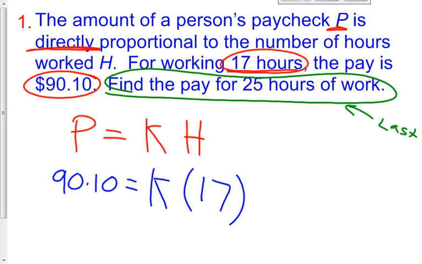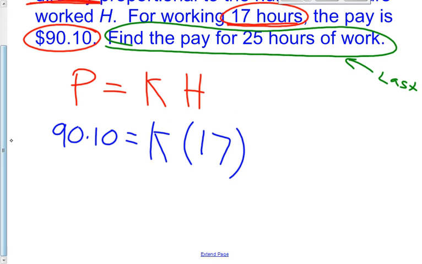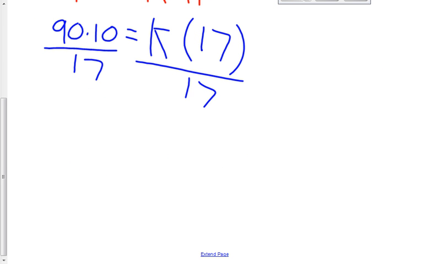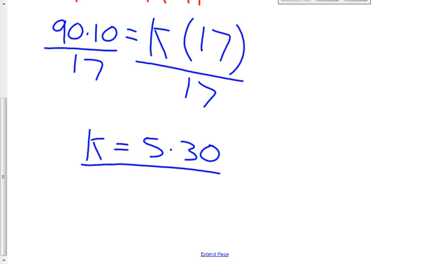So let's find our constant of variation. $90.10, working 17 hours, divide both sides by 17. $90.10 divided by 17, our K is 5.30. K equals 5.3. Just to put this into perspective for you, class, this is what he earns per hour. $5.30.